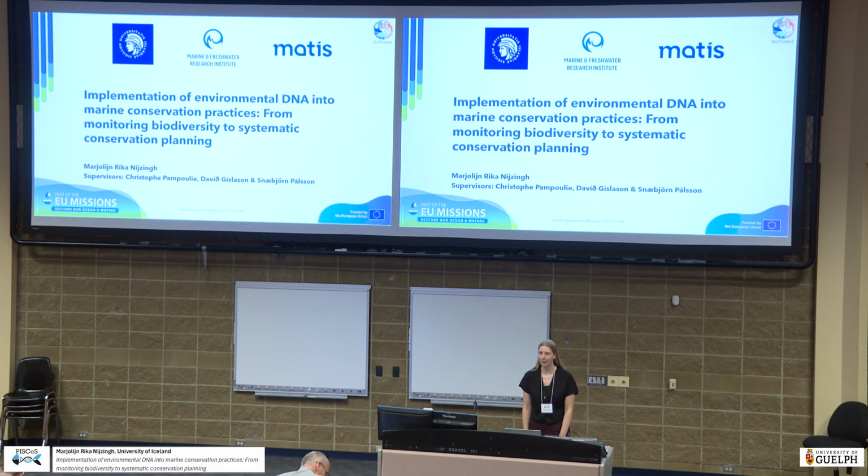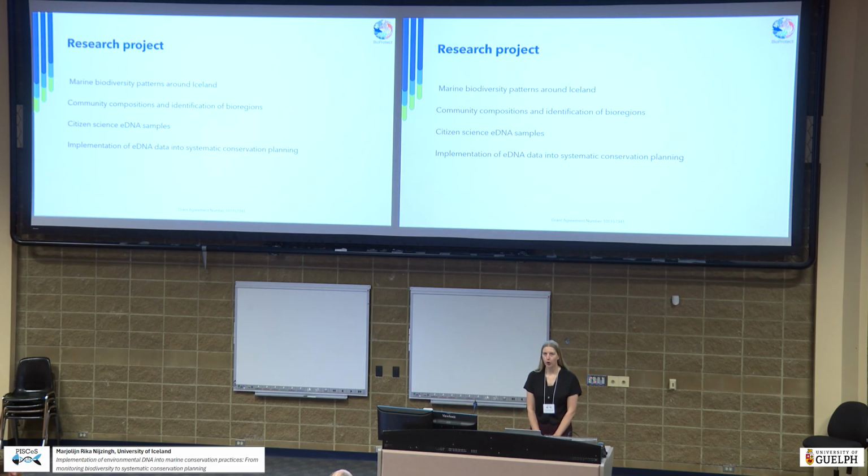I'm Marjolijn. I'm a PhD student at the University of Iceland, the Marine and Freshwater Research Institute, and MATIS. My project is about marine eDNA and biodiversity research. I'm looking at 4 different parts in my project. The first one is how marine biodiversity patterns around Iceland are structured across the different ocean basins.